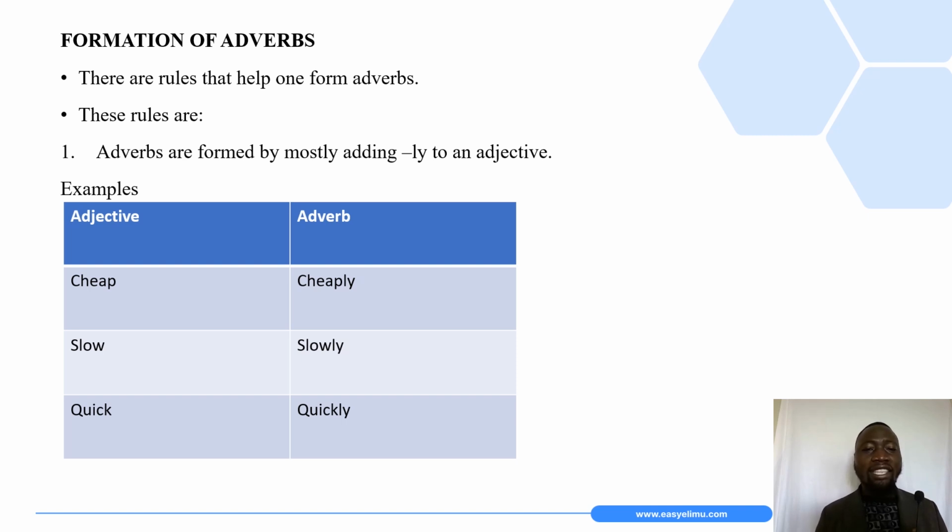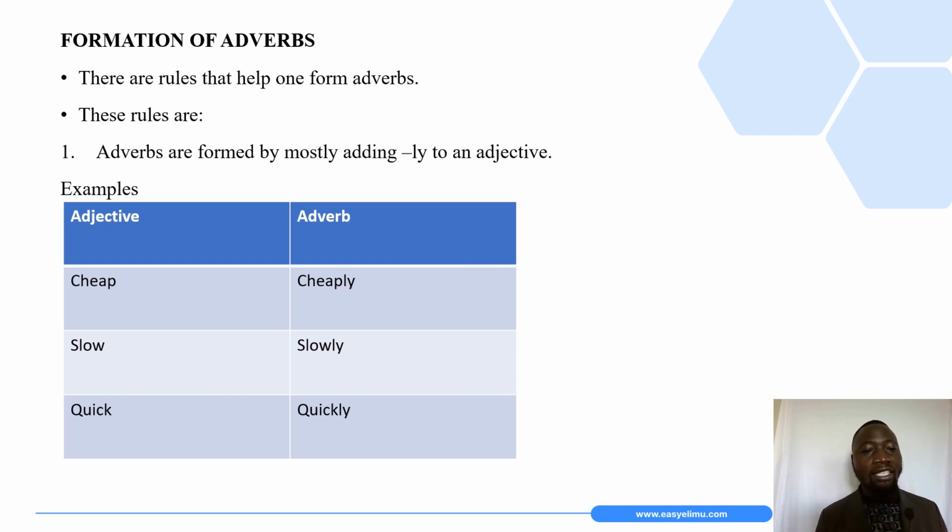So this is the most common way of forming adverbs, or it is the most common way of typical adverb derivation. So when we add ly to some of the adjectives, remember not all adjectives, when you add the suffix ly to some of the adjectives, what is formed will be an adverb.